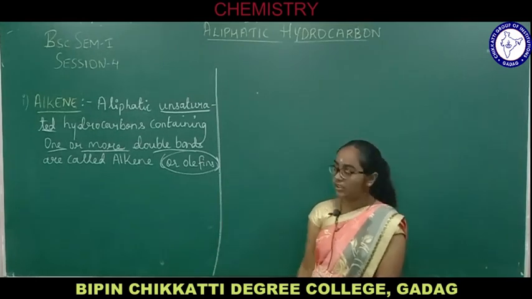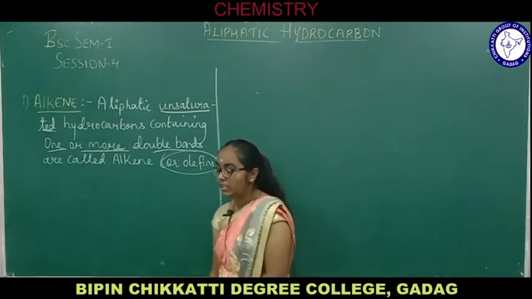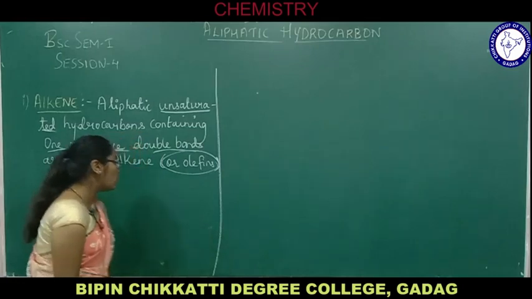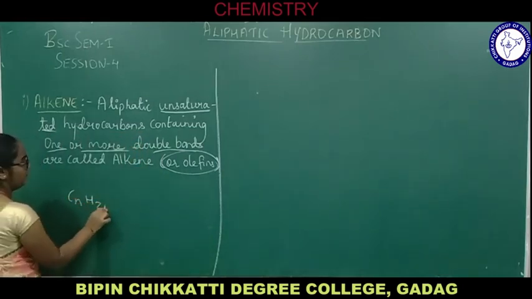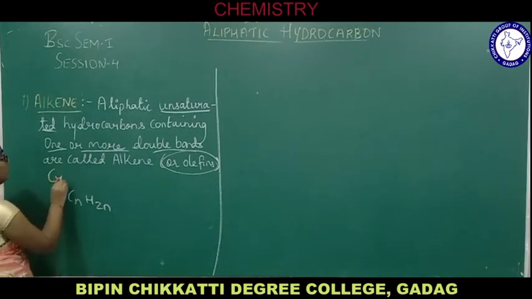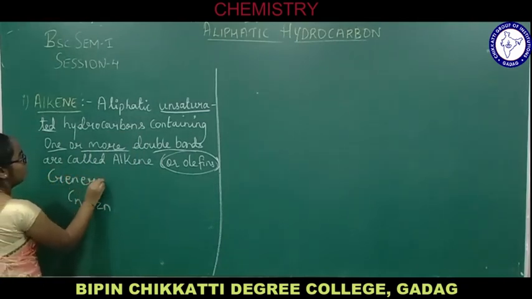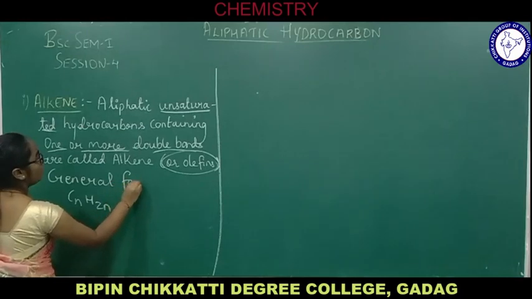Let's go for that. Alkene has the general formula CnH2n. Right, so this is the general formula for alkene.